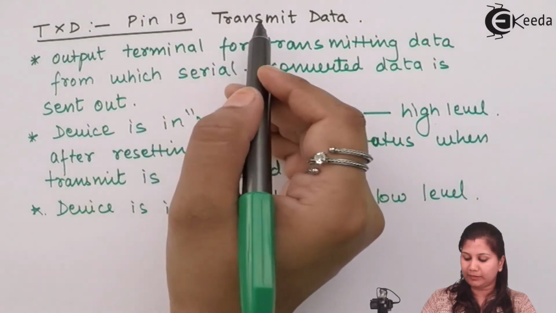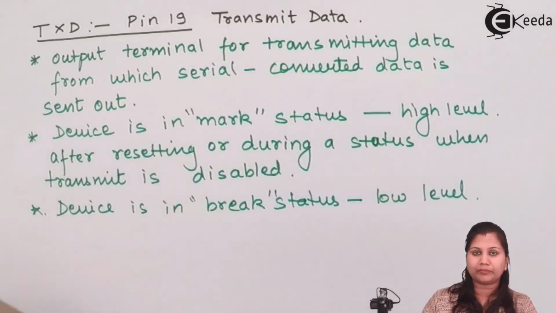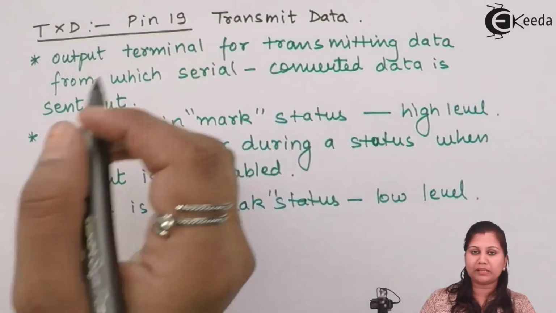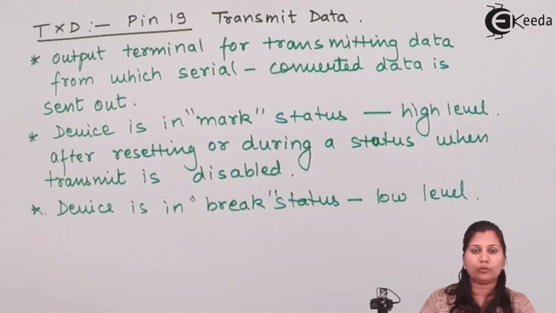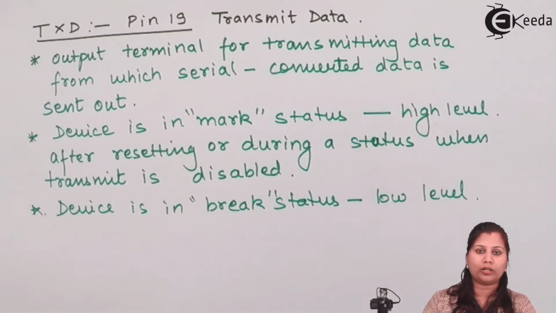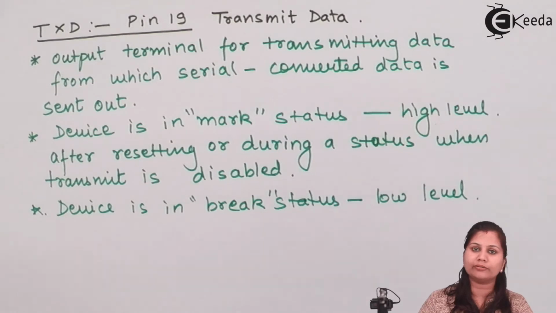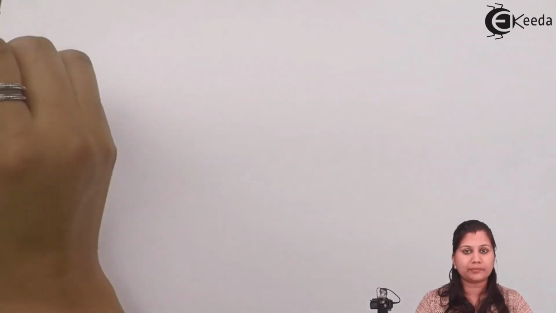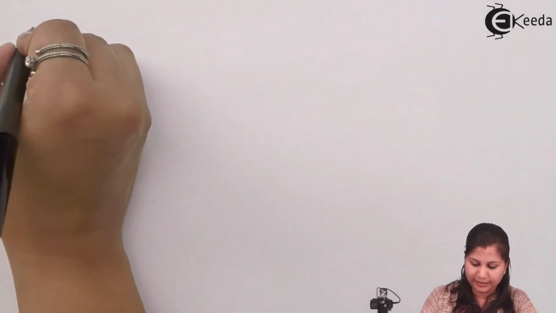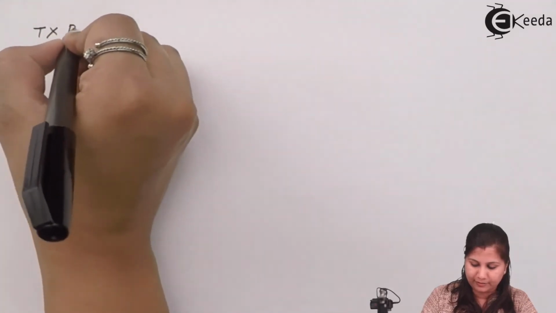When this is enabled, then the data is going to be transmitted by the 8251. When this pin is disabled, then no transmission of data takes place. So this pin is basically used to enable or disable the transmission of data. Next transmitter pin we have is TXRDY.